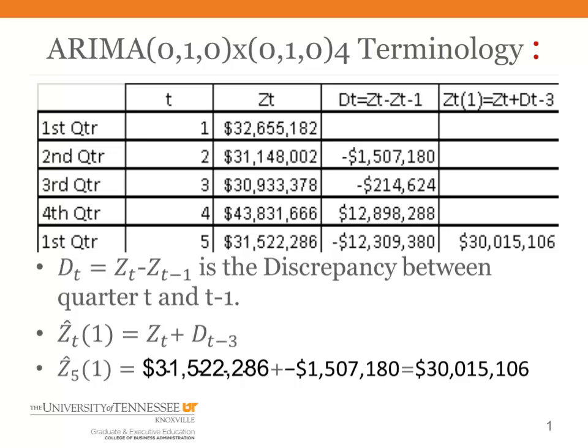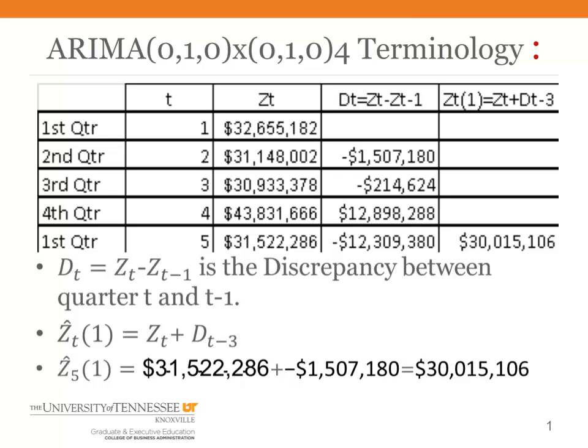If I'm making a forecast, I can't get started forecasting until I have a complete season of data and I start the first season of the following year. At that point, I can observe the level of the process. Let's suppose I'm in quarter 5, which is the first quarter of the second year. I can observe the level of the process, and I'm forecasting into quarter 6, which is going to be a second quarter.